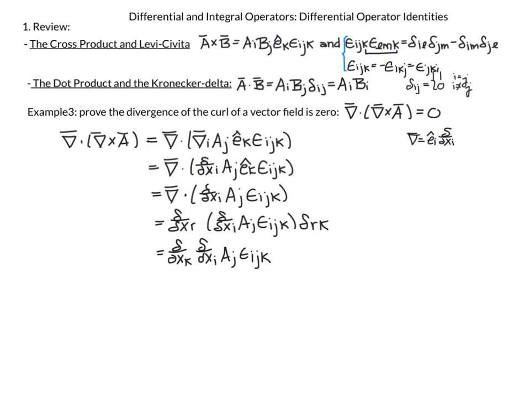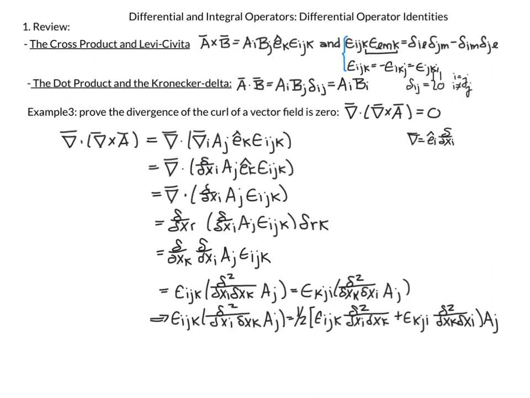And this tells me now with the Kronecker-Delta, I can get rid of it if I replace my r subscripts with k. Or I could do k with r, but it makes sense to replace r with k. So I'm going to replace this r with k, and I'm getting rid of my Kronecker-Delta. So I have partial derivative with respect to x of k, partial derivative with respect to x sub i, my A sub j, my Levi Civita i, j, and k.